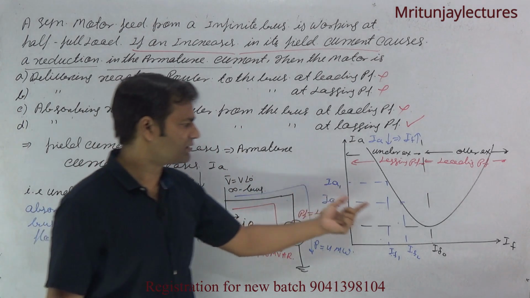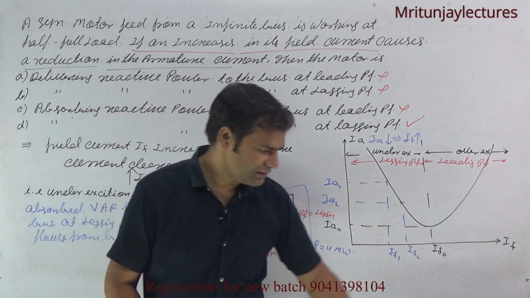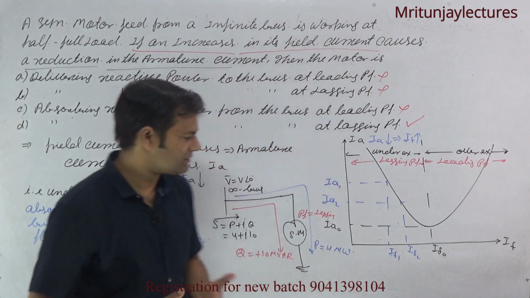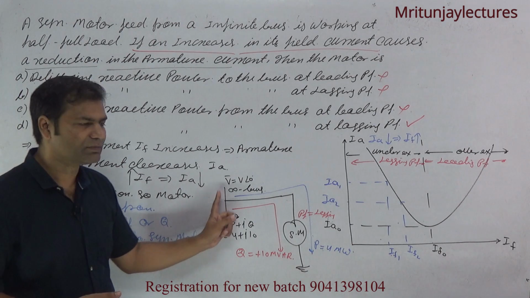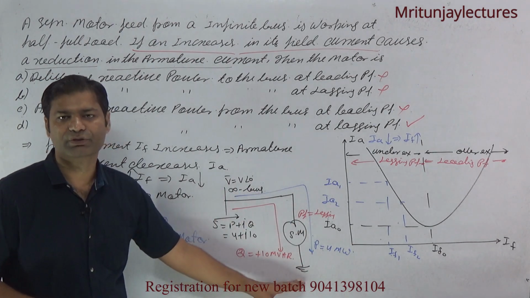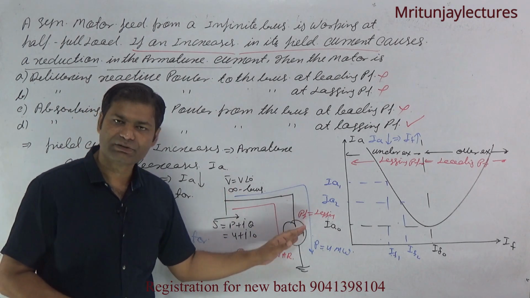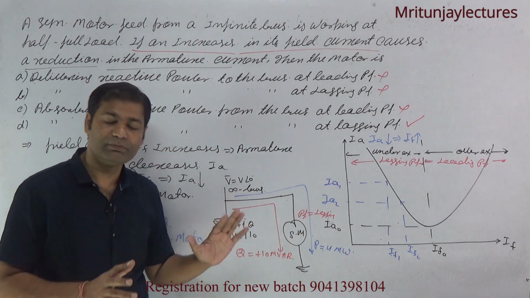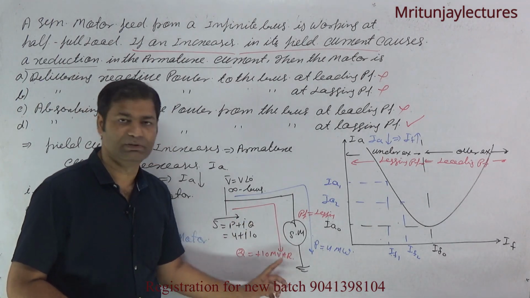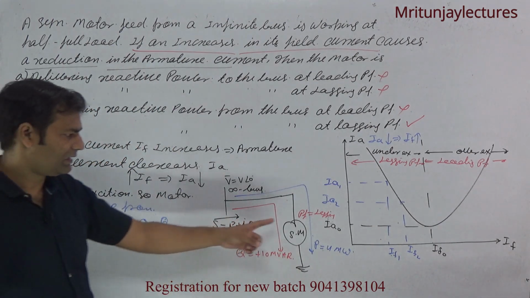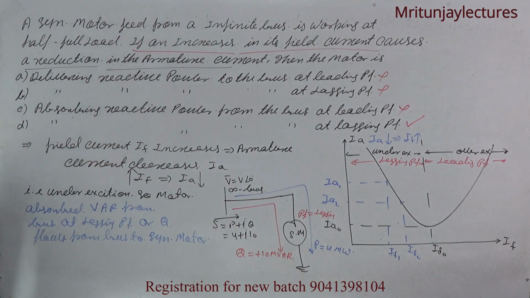It decreases. Why? Under excitation, the power factor is lagging, which means Q is positive, which means power flows from the infinite bus to the synchronous motor, like this, at lagging power factor. So D is the correct option.